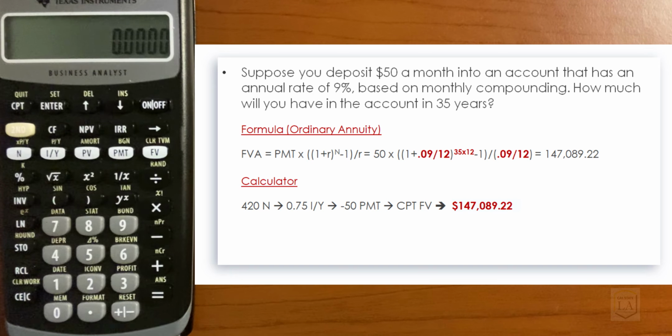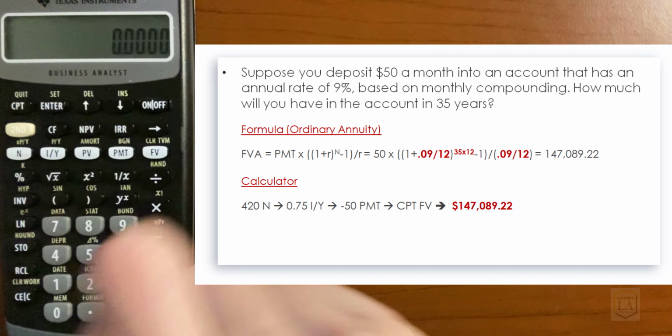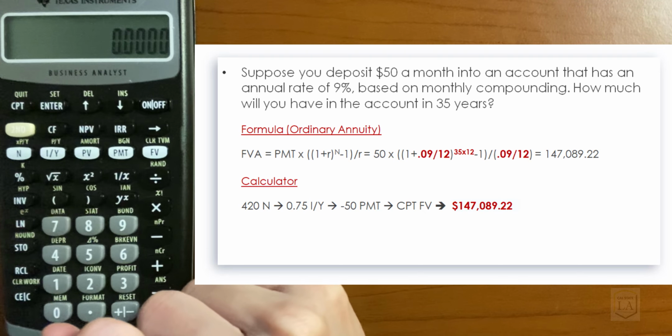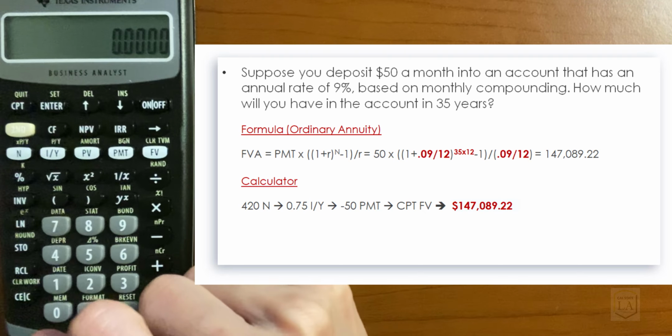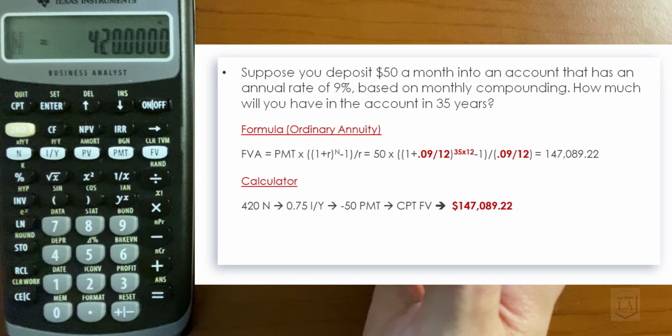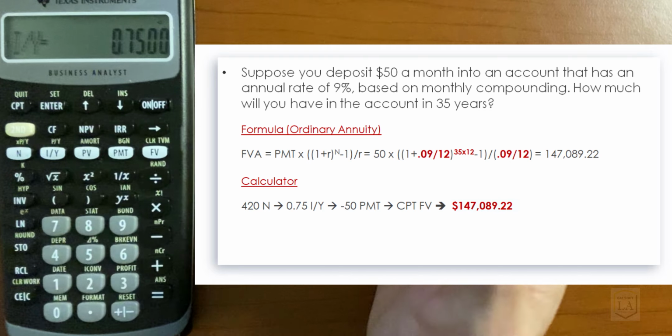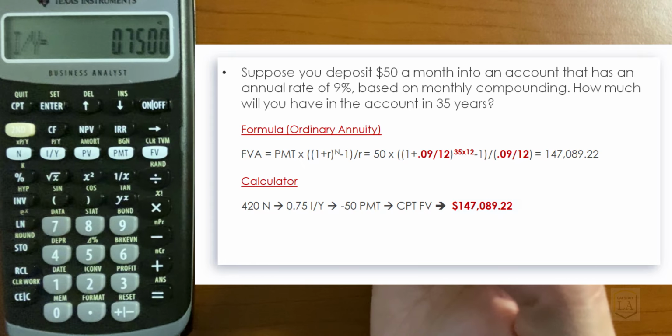All the input variables will be very similar, except that you are solving for a different variable in the end. The number of periods would be 35 years times 12 months, so 35 times 12, which is 420. That will be input as your number of periods. The monthly rate will be 9% divided by 12, which is 0.75%, so you input 0.75 as your interest every month.